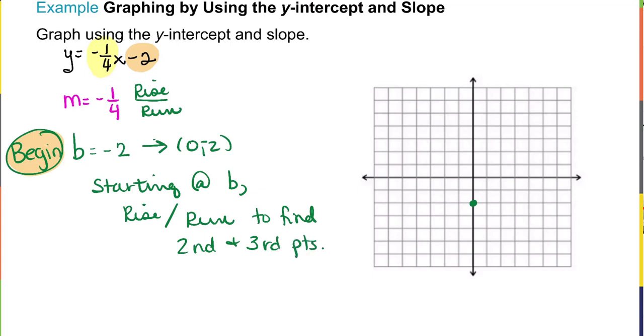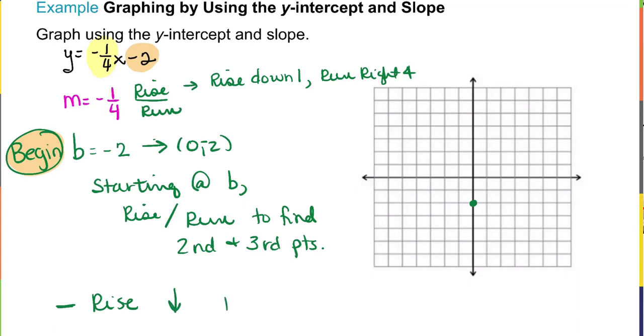So if I have the rise over run of negative 1/4, I can do one of two things. This means I can rise down 1 and run right 4. Because here's the deal: if the rise is negative, we're going to go down.